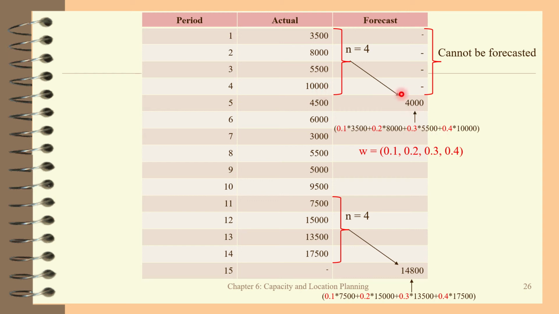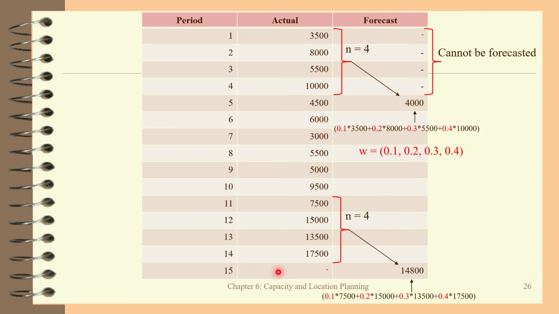Then you get 4,000. Please don't divide by 4 because it has already been divided. In your exam, sometimes you divide and then you get a funny value, right?